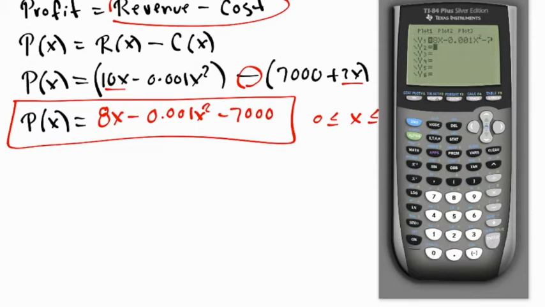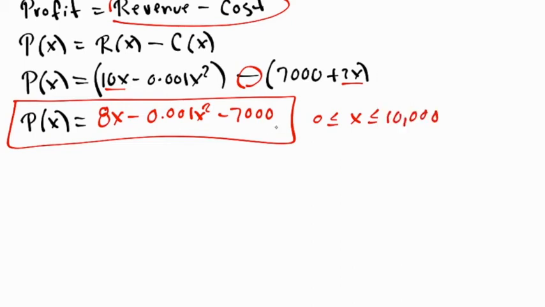After entering the equation, press the window button. I have the window set up here already. X values go from 0 to 10,000 because that's the domain. And then I said to put tick marks at every 1,000. Y values I have set from negative 10,000 to positive 10,000.